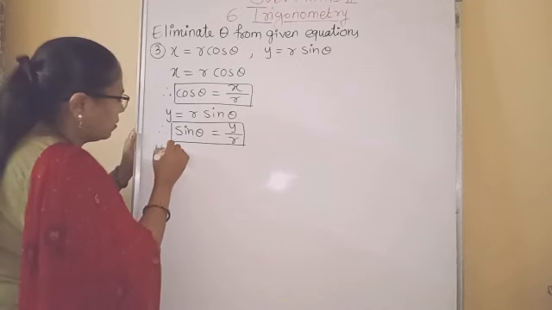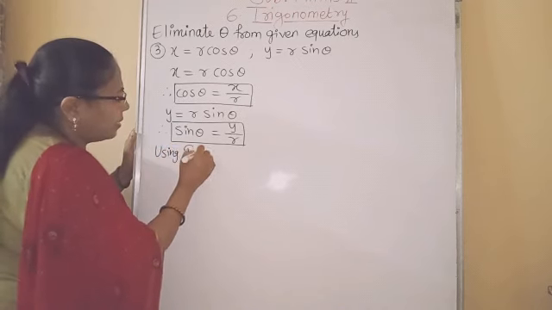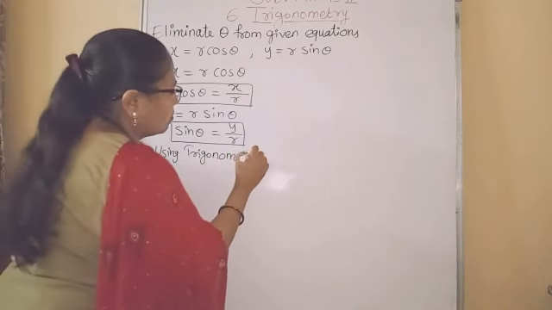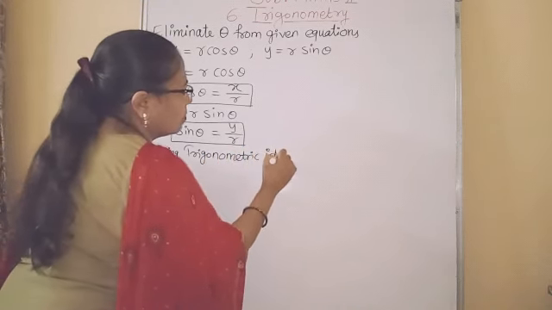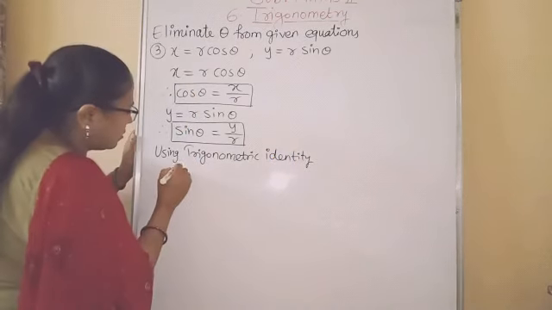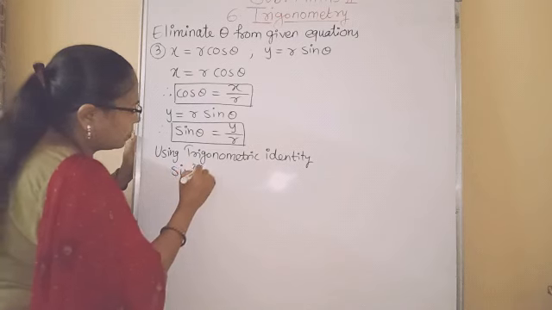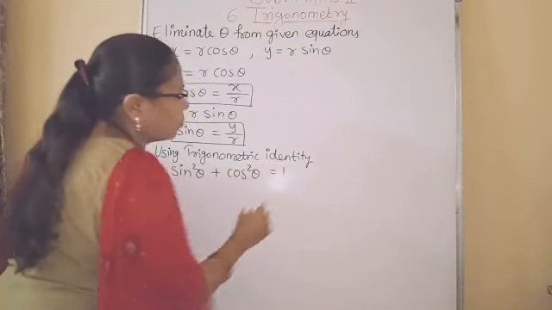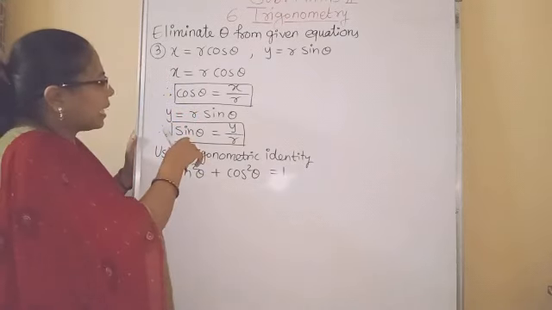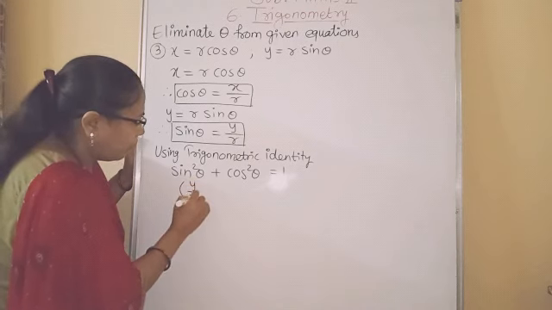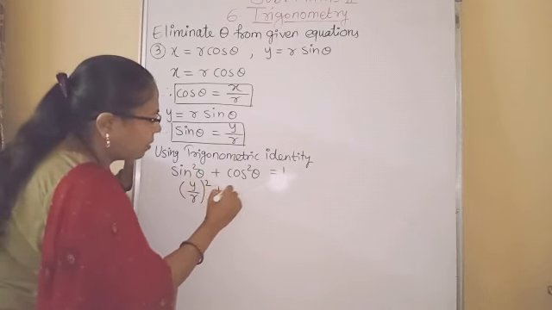So using trigonometric identity, sin square theta plus cos square theta is equal to 1. Sin theta is equal to y upon r, so (y upon r) bracket square.